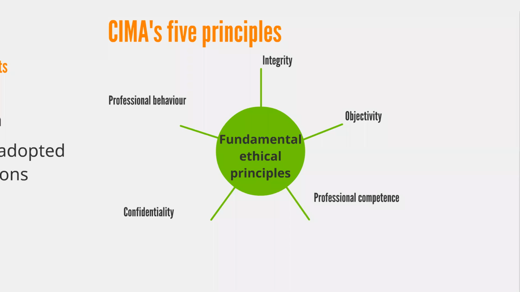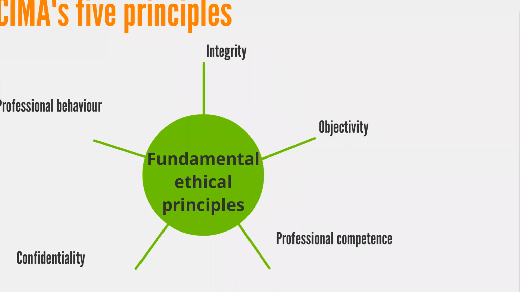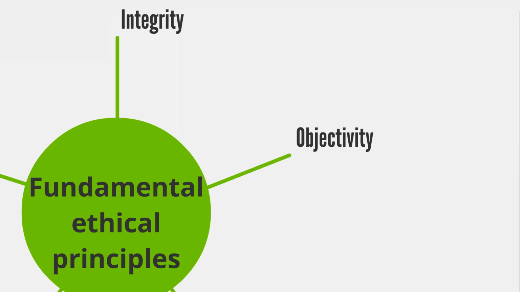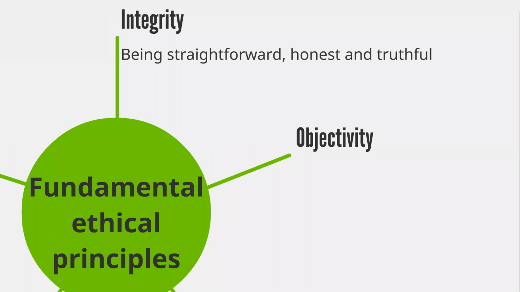Just like in our personal lives, integrity in a professional manner means to be straightforward, honest, and truthful. And CIMA want you to be honest, truthful, and straightforward in your professional and business relationships.